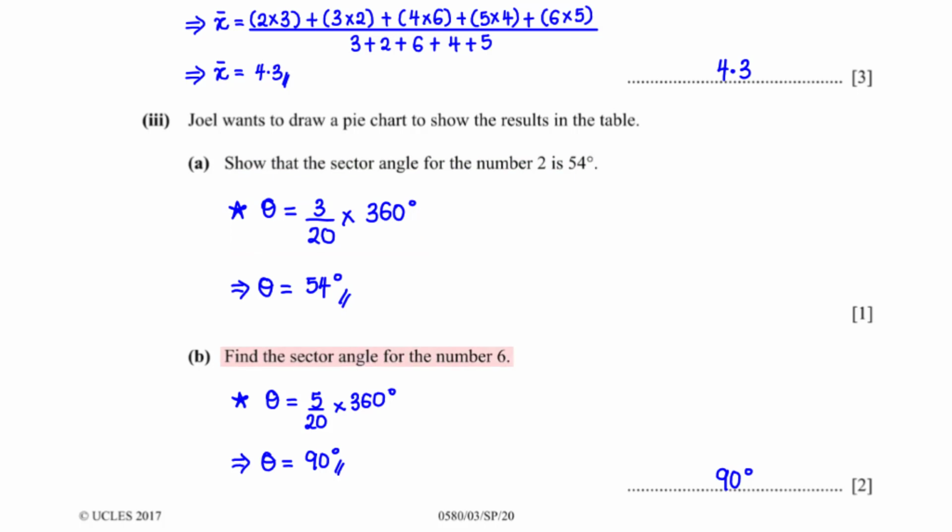Find the sector angle for the number 6. This sector angle is equal to the frequency for the number 6, which is 5, divided by the total sum of frequencies, which is 20, times 360 degrees, which is equal to 90 degrees.